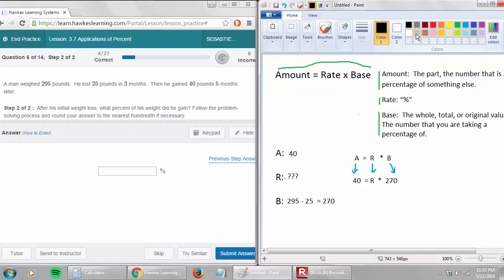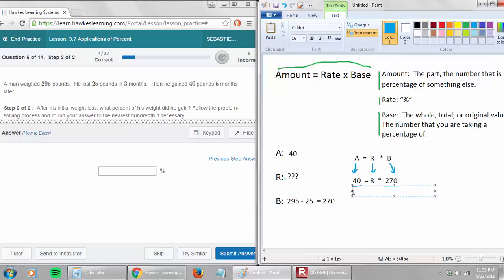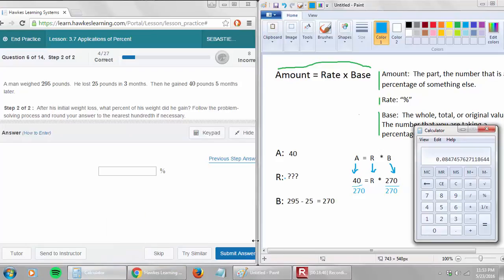All right. So did you try this one out? Let's see. I'm going to divide by the 270. And again, I'm going to punch that into the calculator. That's a division that I definitely don't want to do by hand.